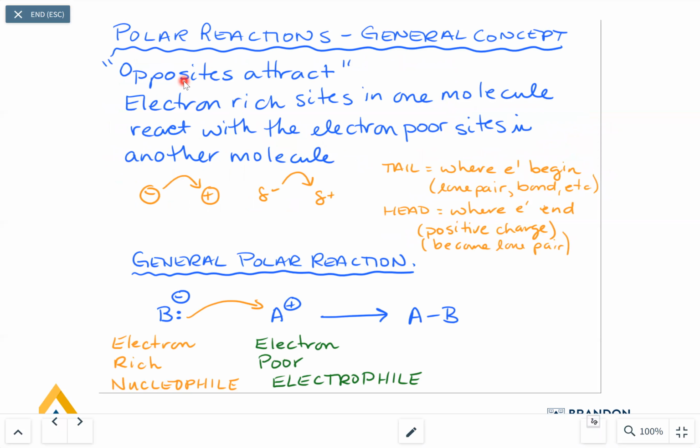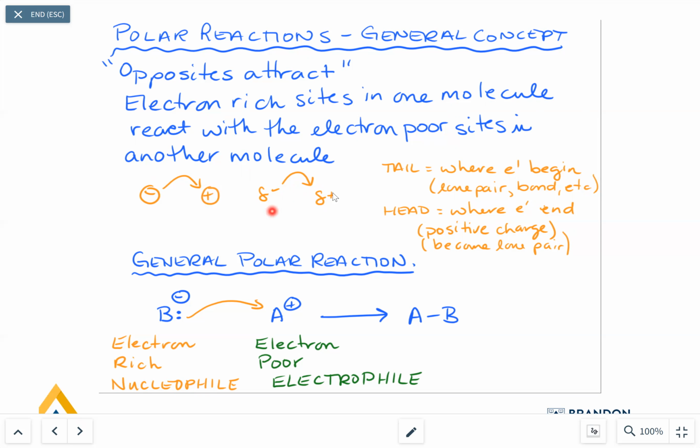So the way that this portion of the class basically works is that opposites are going to attract. This was our course mantra right at the very start. Negative goes to positive, delta negative goes to delta positive. Negative, of course, is where the electrons are.